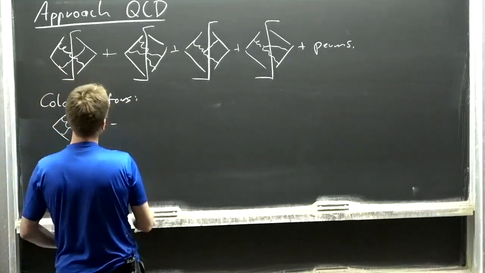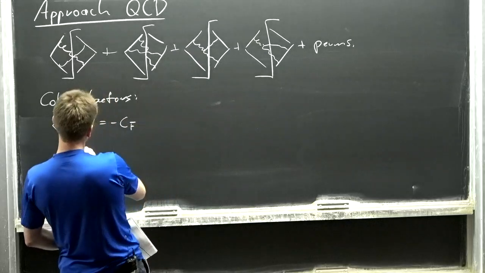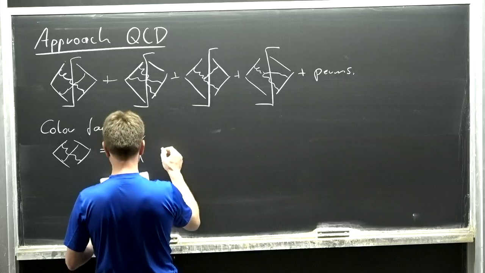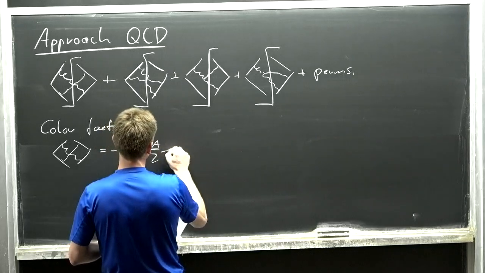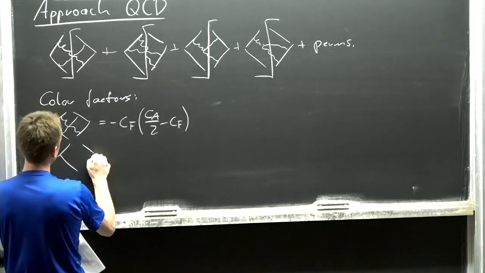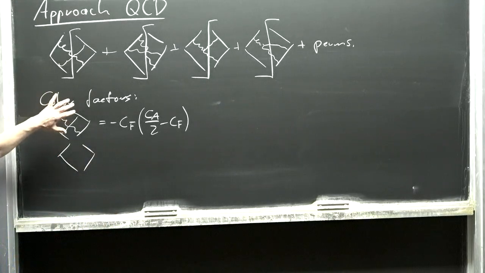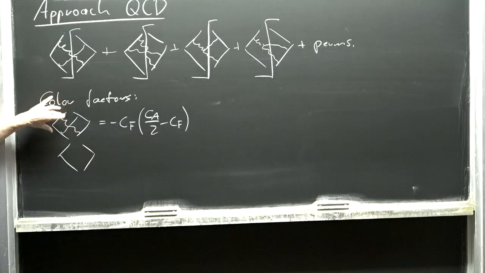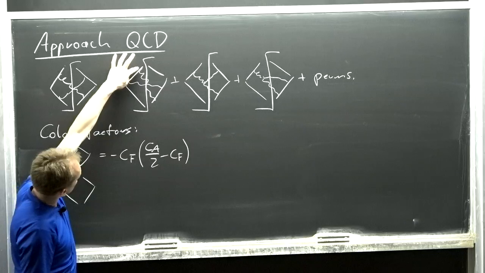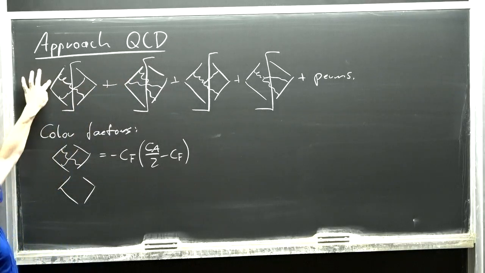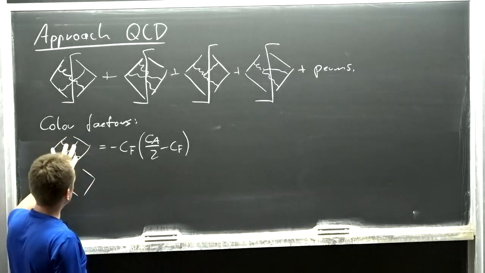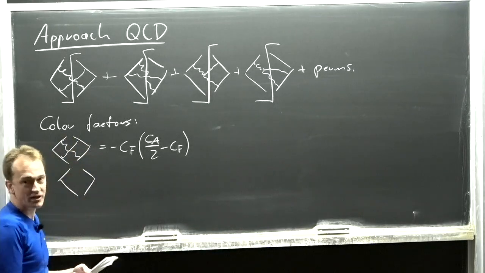My squared diagram here will be proportional to C_F times (C_A/2 minus C_F). And it does not matter for the color factor, and I encourage you to convince yourself of that, where you attach these gluons. So that squared diagram will have the same color factor as that squared diagram. Okay? So everything that is of this crossed box type will have this color factor.